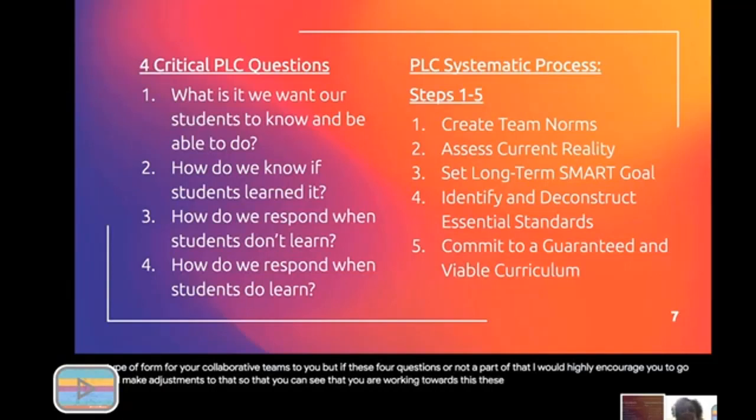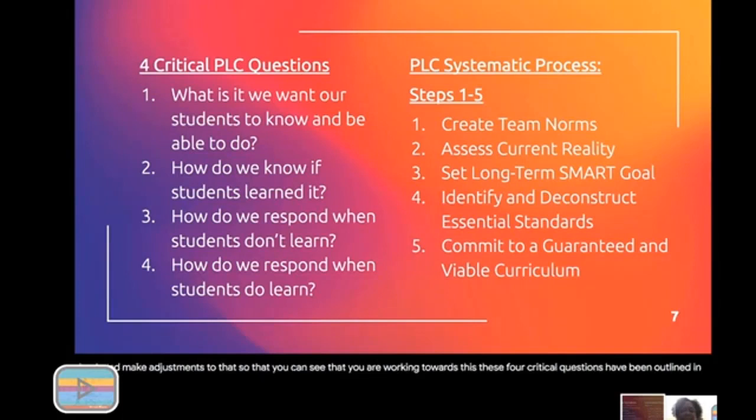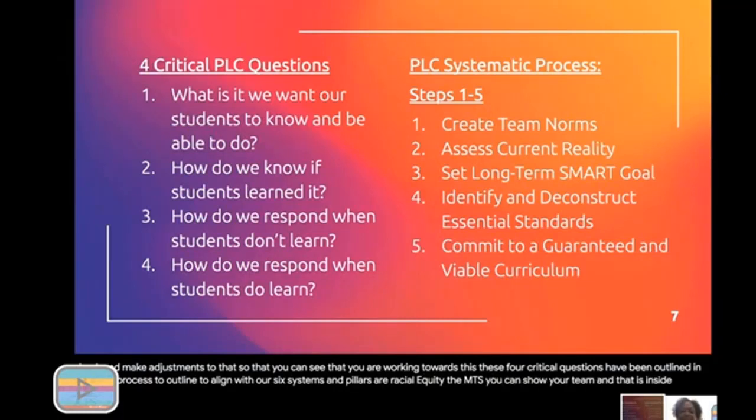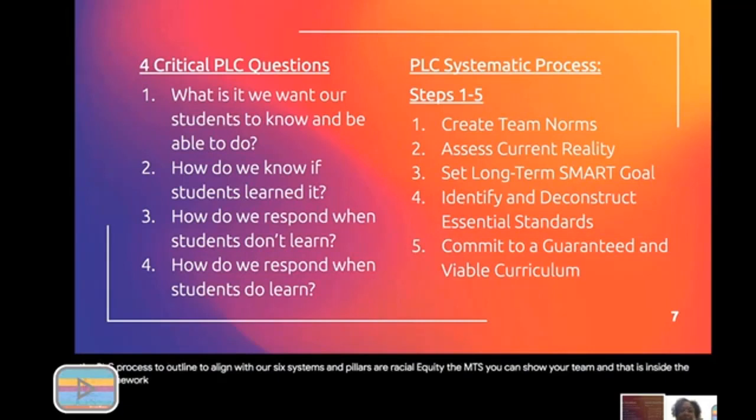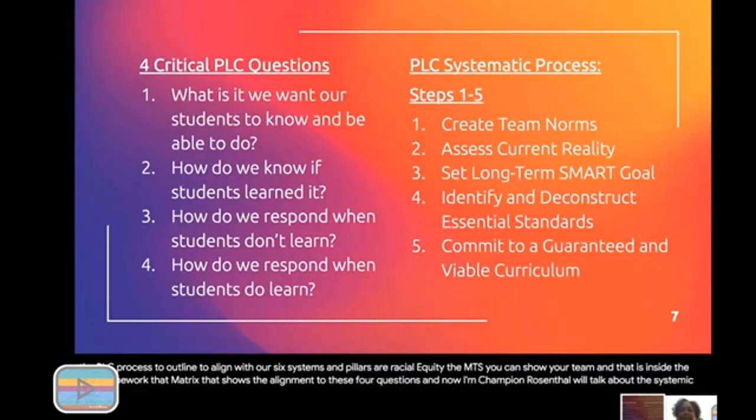These 4 critical questions have been outlined in the PLC process to align with our 6 systems and pillars, our racial equity, the MTSS, deeper learning. So you can show your team, and that is inside the PLC framework, that matrix that shows the alignment to these 4 questions. And now Champion Rosenthal will talk about the systematic process.